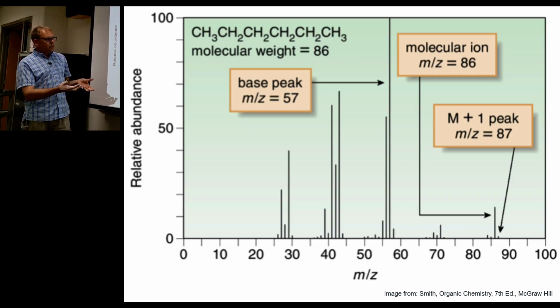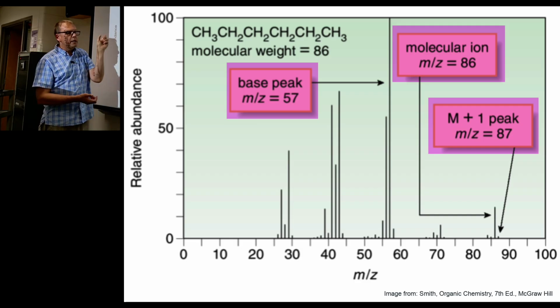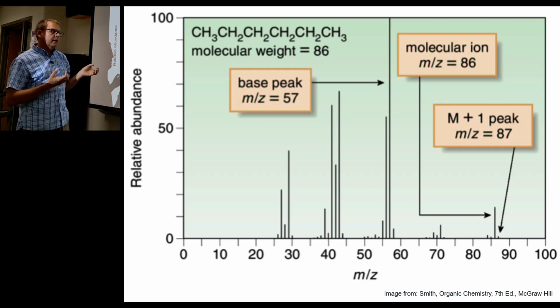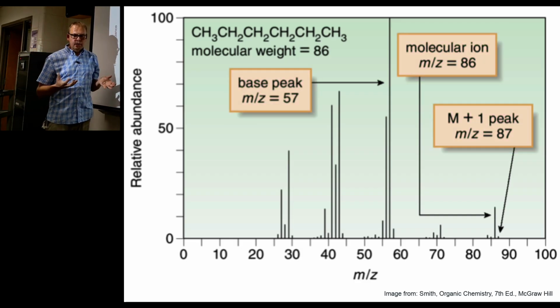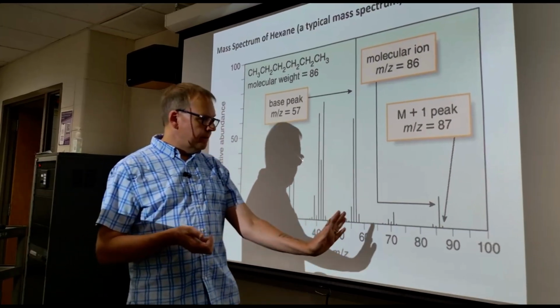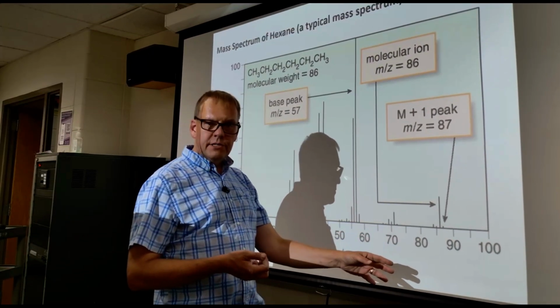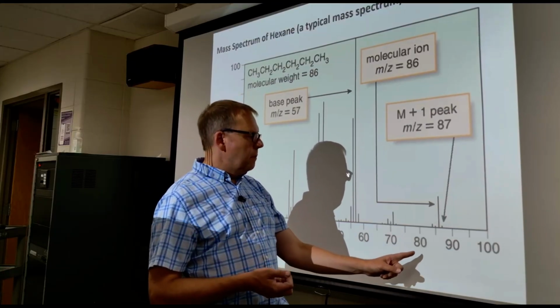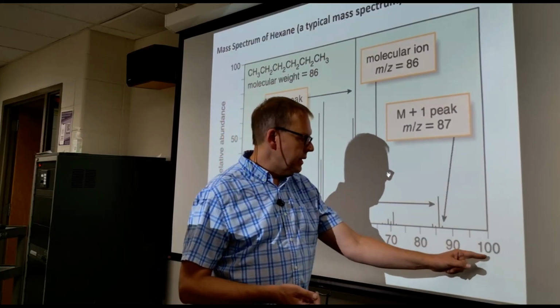This is its mass spectrum, and the boxes are pointing out peaks of interest. And I just want to tell you, first of all, finding the molecular ion, what you want to do is look to the right side of the spectrum at the heaviest substantial peak. The heaviest peaks are the ones that have the biggest numbers down here.